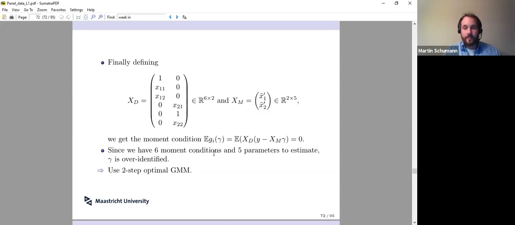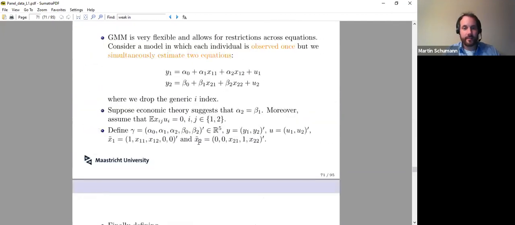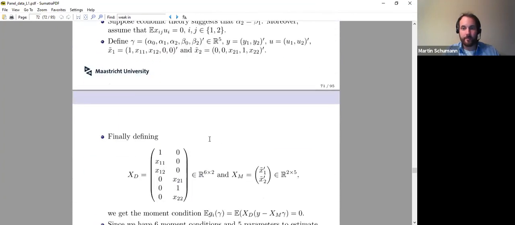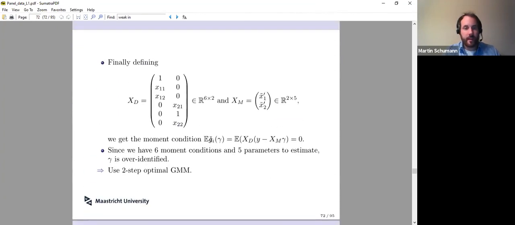And with these definitions, we can define the expected moment function. So GI is this thing here in the middle. This is this system of equations written in matrix and vector notation. And what we see is that the dimension of GI will be 6, right?